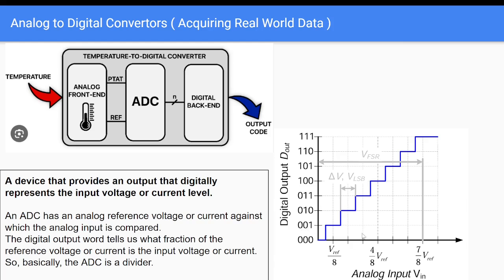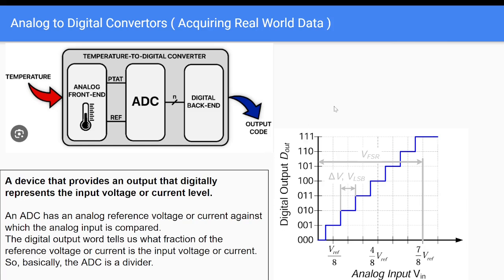Similarly here, as you can see, it's basically a ladder, and this ladder is related to the number of bits. That's how we get the output. The maximum, as you can see here, is the maximum code we can get through that 3-bit analog to digital converter shown here as an example.